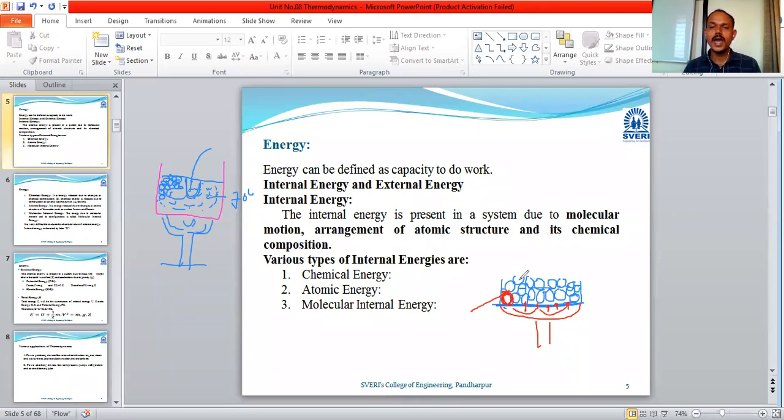Then whether this energy reaches the molecule which is on the top? How will it? The energy transfers. How does it transfer? Molecule to molecule.